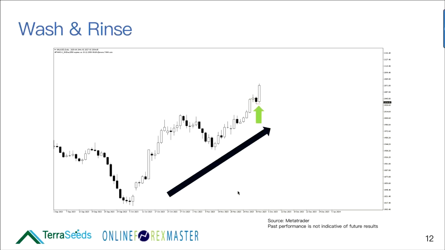I just want to ask one question to you guys. When you see this white candle here, are you more likely to go long, or more likely to go short?